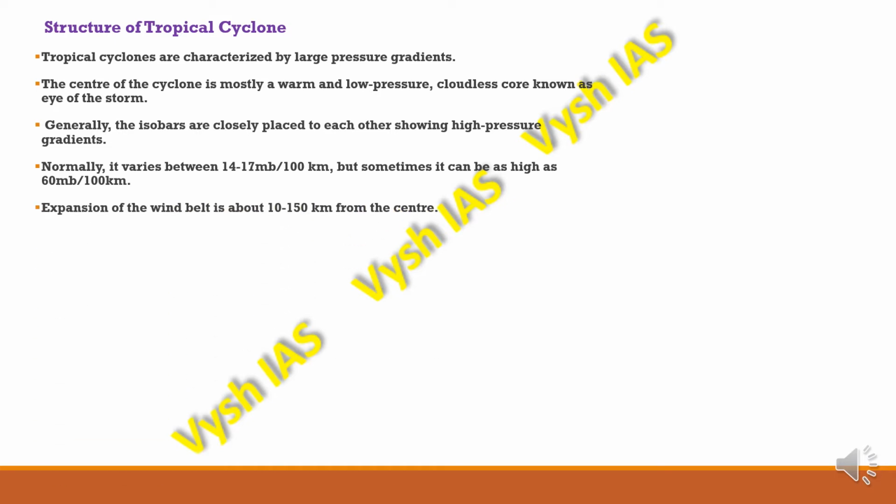The expansion of the wind belt will be about 10 to 150 kilometers from the center. So imagine this is the center, and in all the directions in which it blows, it will form a belt of 10 to 150 kilometers. So you can understand how huge it will be.